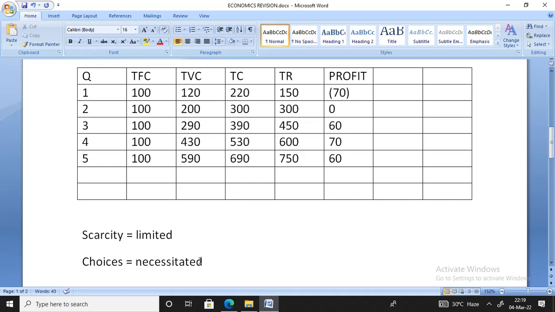Choices are necessitated because of, or necessitated by, scarcity. So scarcity makes choices necessary.